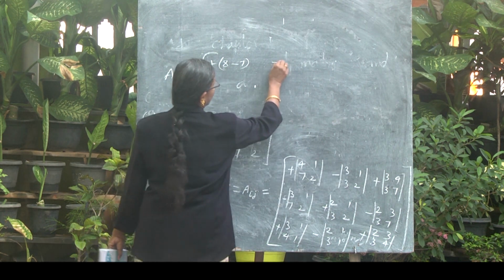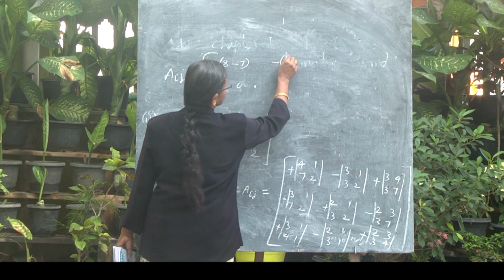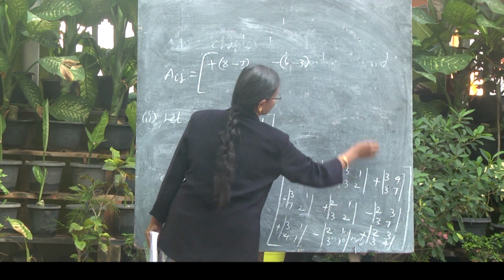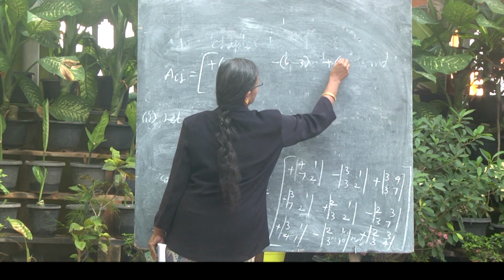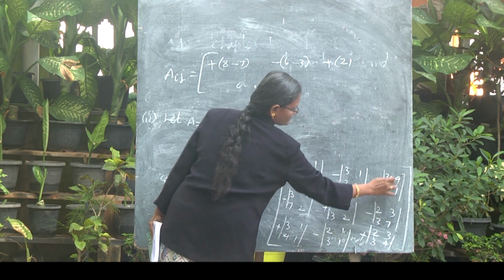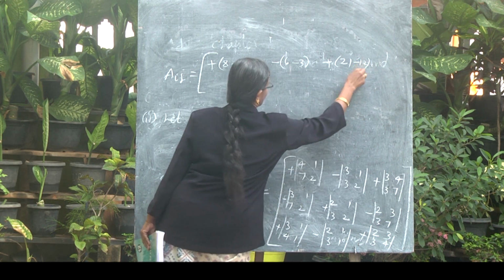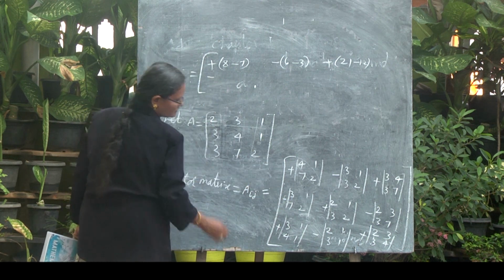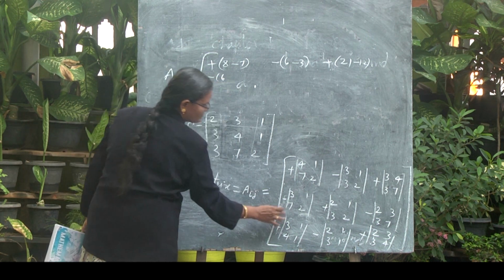Next, minus of the product of the leading diagonal elements, 3 twos are 6, then minus 3. Next element, plus the product of the leading diagonal elements, 21 minus 4 threes are 12, minus 12.